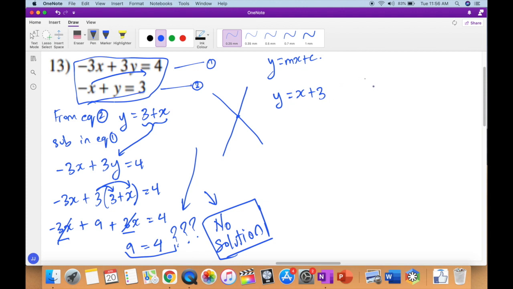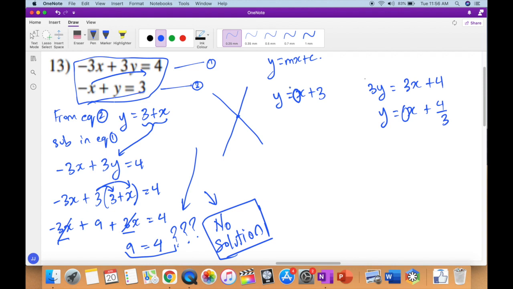Let's try equation 1. If we make y the subject of the formula, 3y is equal to 3x plus 4. Therefore, y is equal to x plus 4 on 3. What I did was I just divided by 3 to get rid of that 3. So we could see here that both of these lines actually have the same gradient, right?